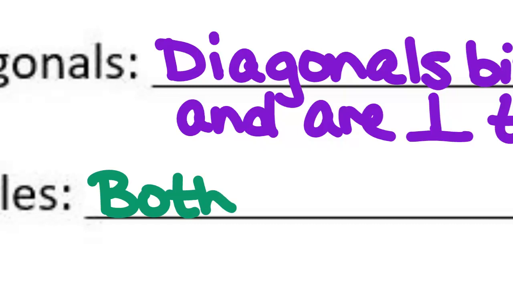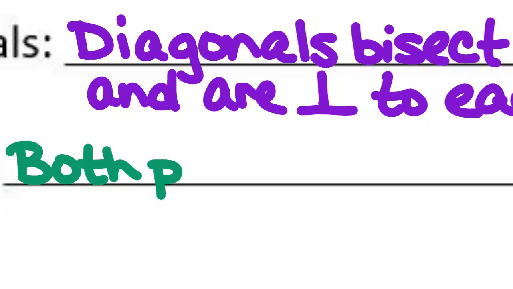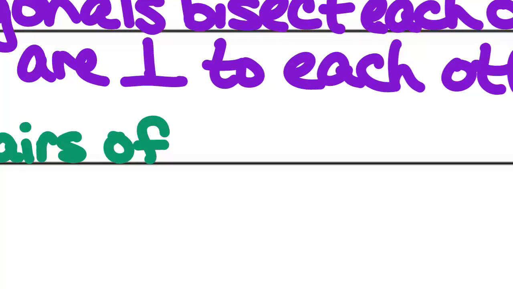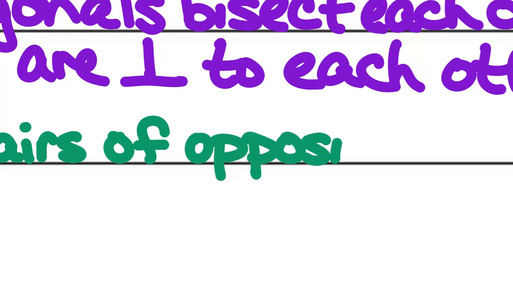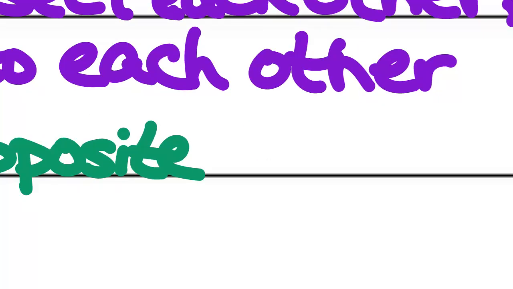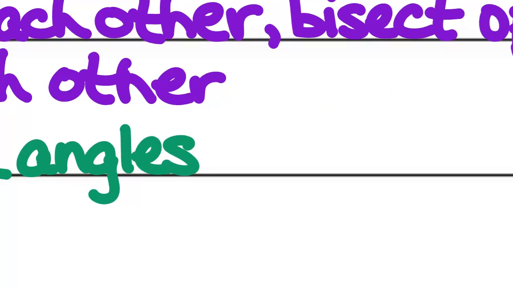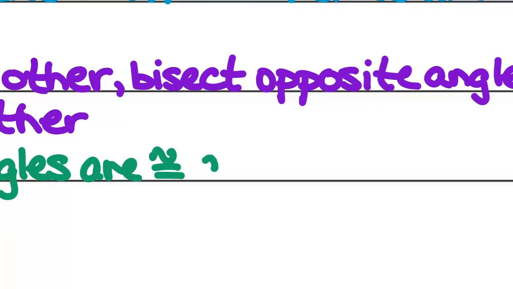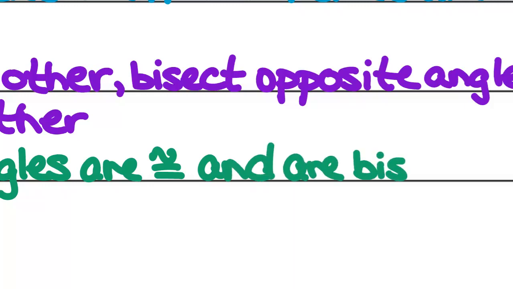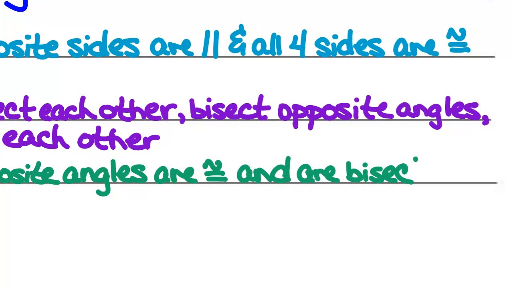Property for the angles, because it's a parallelogram, both pairs of opposite angles are congruent. And those angles are bisected by the diagonals.